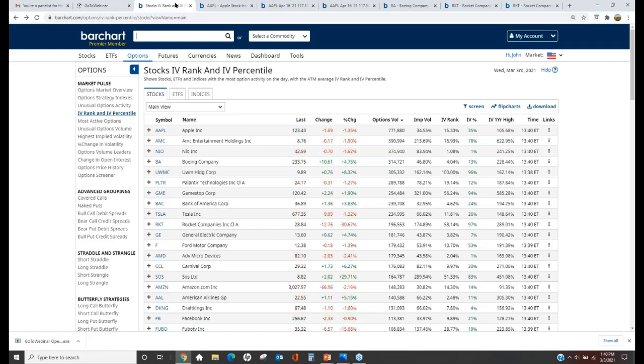But first and foremost is that selling these outright, naked puts or naked calls, has a lot greater risk, right? I'll give you a great example. About a week ago, GameStop, which has been one of those stocks that's been crazy as of late, was trading around $40, and someone came in and bought $16, 65 calls.